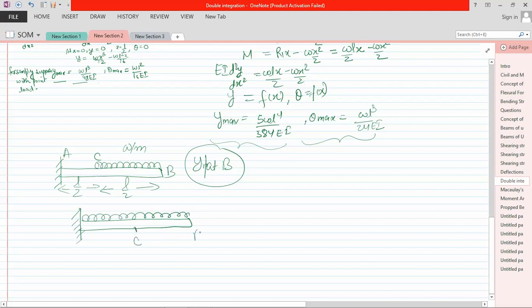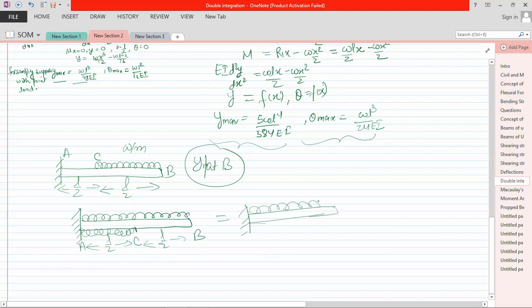This is point C, this is point B, this is point A, this is L by 2, this is L by 2. But why did I add the extra load? Then I need to subtract that extra load. So from the back side I am putting the extra load in the upward direction. So this will nullify each other, and this can be simply distributed to these two cases.